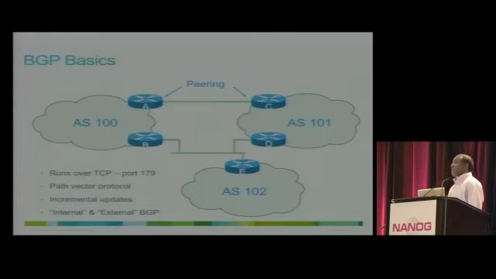It uses incremental updates, which means whenever there is a change in routing, if a route is deleted, only that route is removed. Or if a new route is added, only the added route is sent. A complete table is not exchanged unless a new peer is established, or a peer is reset.